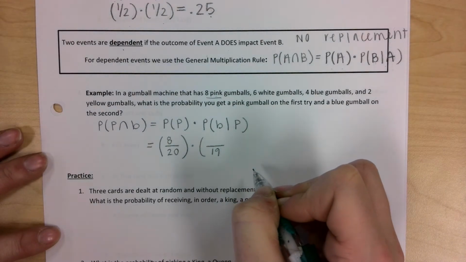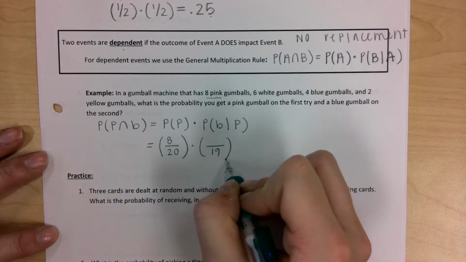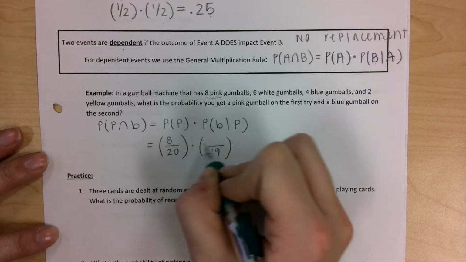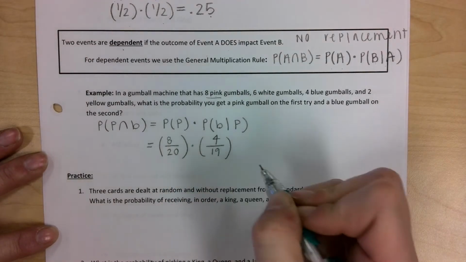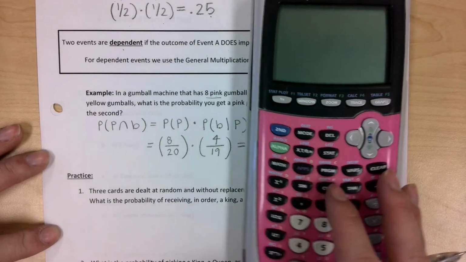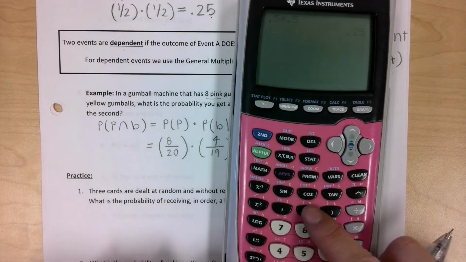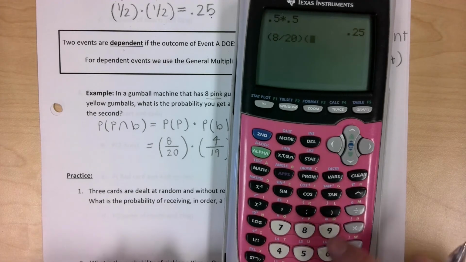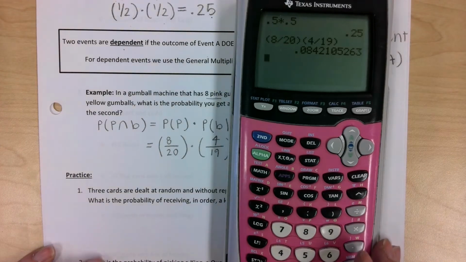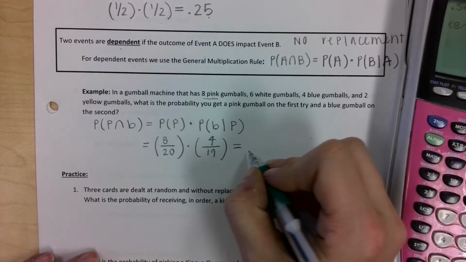So my denominator has changed. What are the chances now that I pick a blue? Well, I didn't get a blue gumball the first time, so there's still 4 blue remaining. I can type this into my calculator now to multiply. And we get 0.0842.